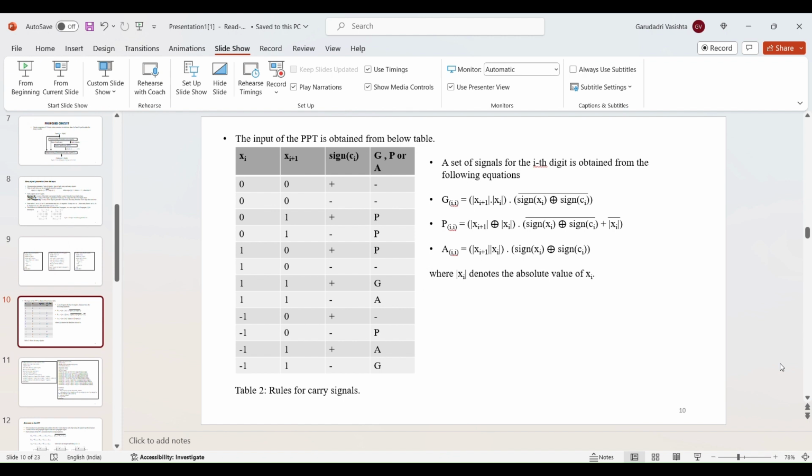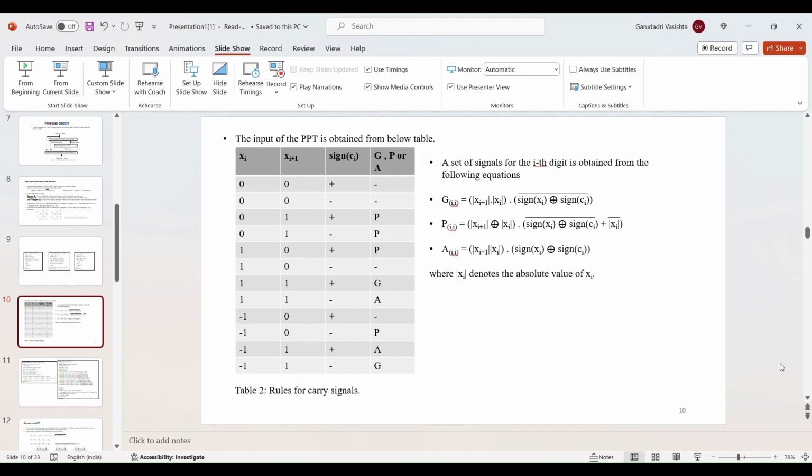Yeah, we can use these three equations to calculate generate, propagate and anti-propagate. And here also we can notice that all these signals are dependent on the magnitude of xi+1 and the magnitude of xi, and the sign of Ci, which we have already calculated. Now the carry signal will be given into our PPT block, which will further calculate the magnitude of Ci in parallel.